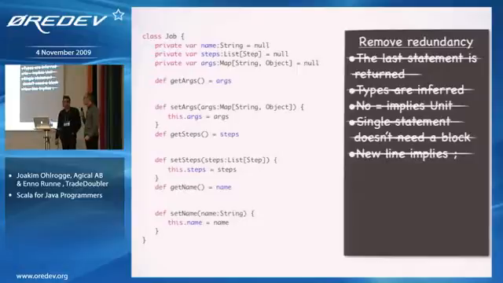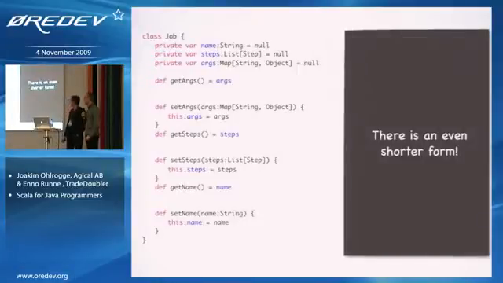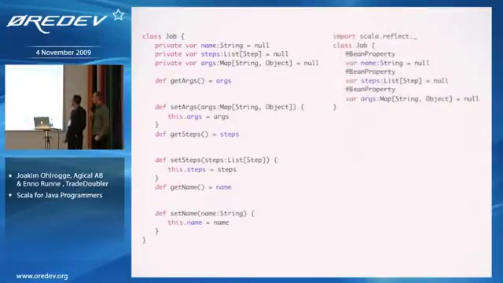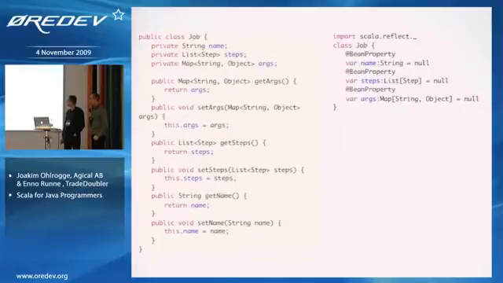So now we have a bit more Scala-like code. And the same code can be expressed even shorter in Scala. The important thing here is it is still equivalent to the Java code we had at the beginning. We used some annotations here that tell the Scala compiler that we want to have the Java view of these fields.